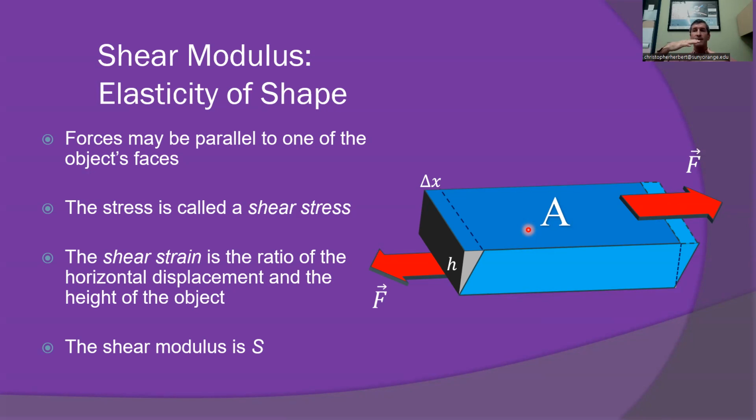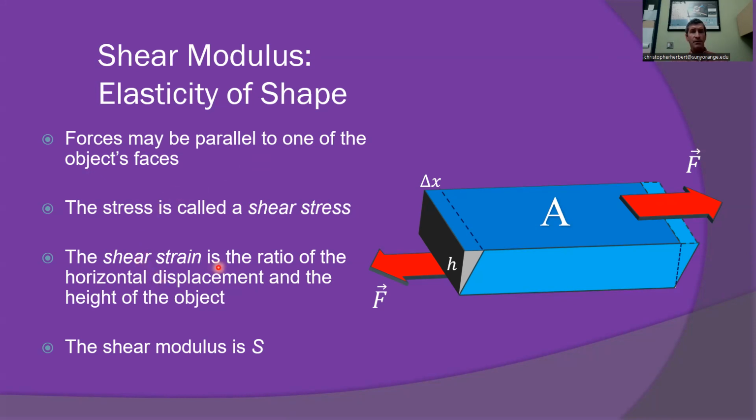But what happens if, instead of having the force normal to the surfaces, I make it parallel to the surfaces? This is what we call a shear force. There are other types of stress that we can place on it, but we're going to talk about the major ones here: tension, compression, and shear.